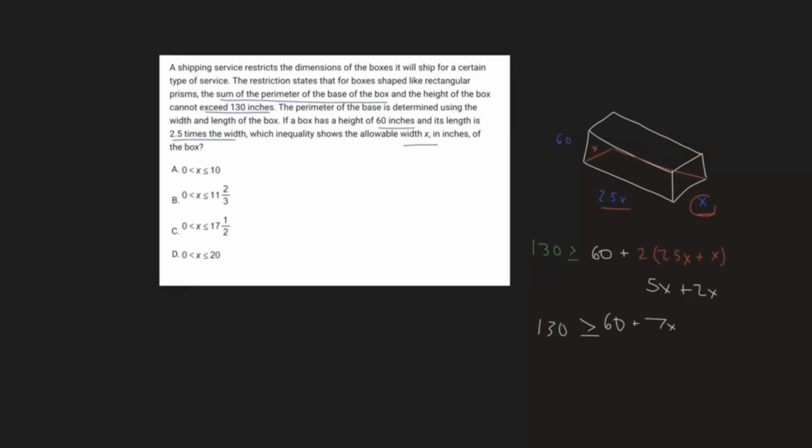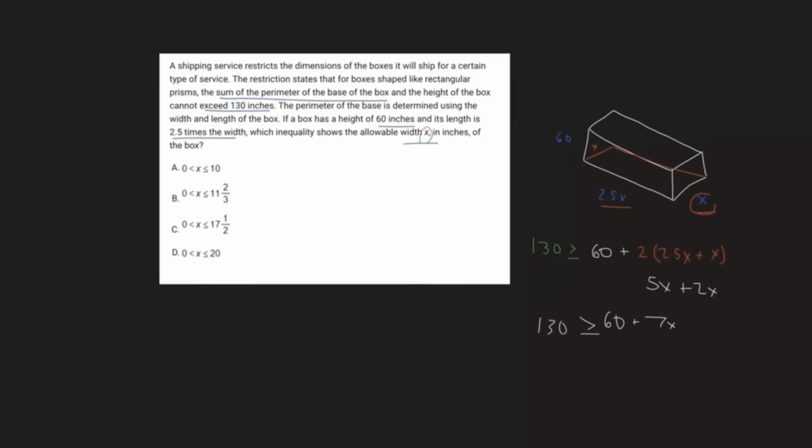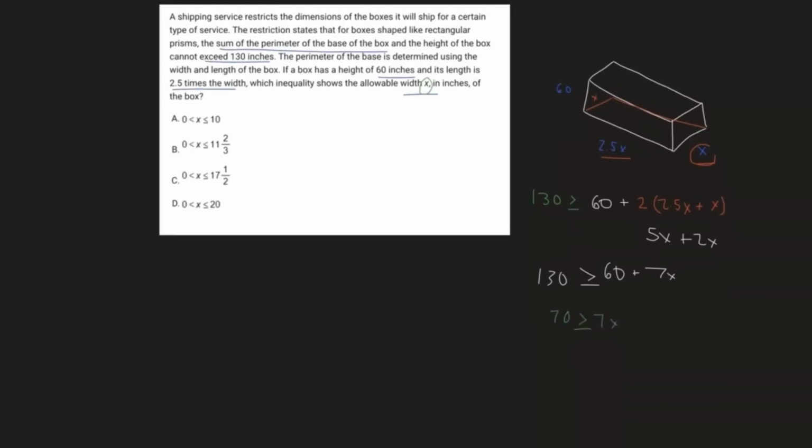And now we can just solve for x, right? Because x is going to be that width that we're trying to solve for. And so we can just subtract 60 on both sides, and we get 70 is greater than or equal to 7x. Divide both sides by 7, and we get x is less than or equal to 10.